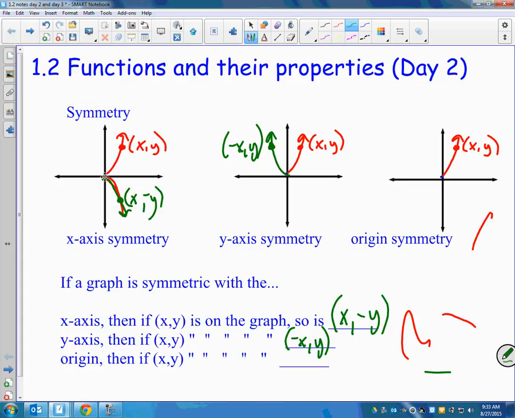So that's a good way to visualize it if you're struggling thinking about how I would get like this, right? I really struggle drawing that. Helps me if I make noises when I draw it. So it would flip over and then flip over again. And that means both the x and the y are changing. So (negative x, negative y).